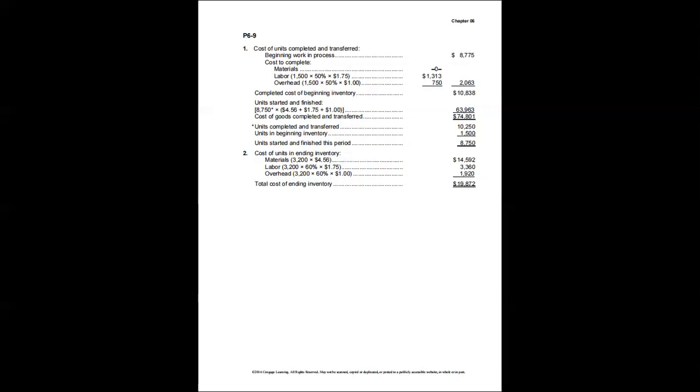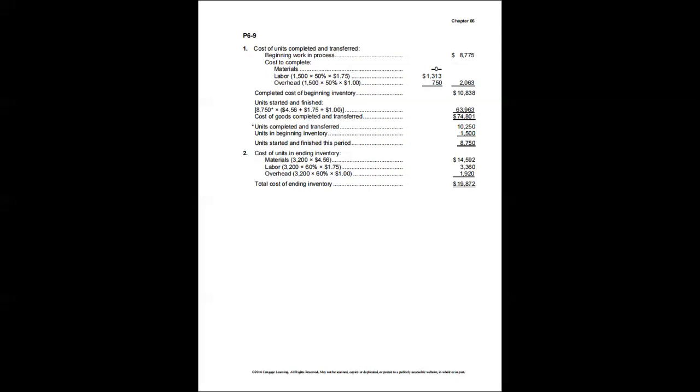Units started and finished, so 8,750, and then we multiply this 8,750 by 4.56, 1.75, and 1, as these are the given cost per unit, and the overhead is at 1.